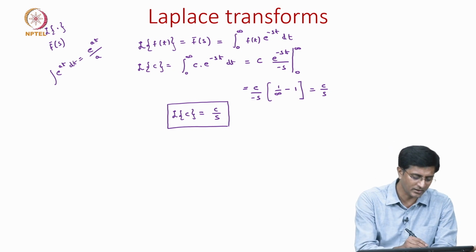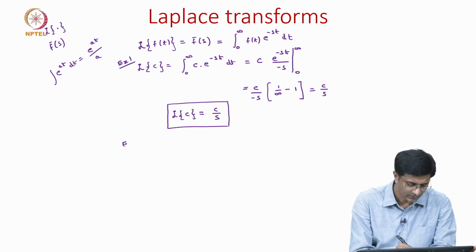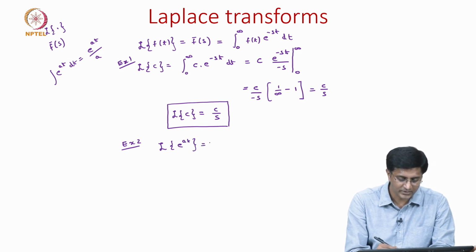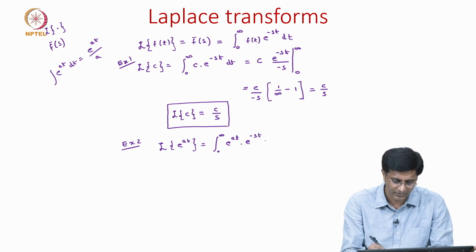Similarly, let us look at another example. Let us say now we are looking at Laplace of e power at. Let us apply this integral formula, then we can write it as the integral going from 0 to infinity, the function is e power at times e power minus st dt.